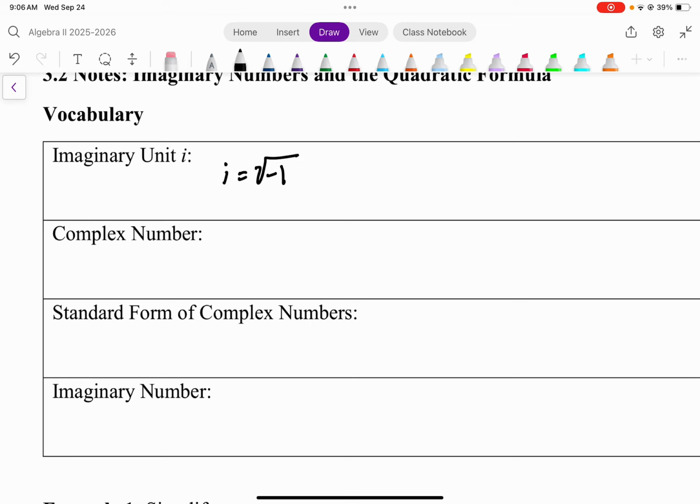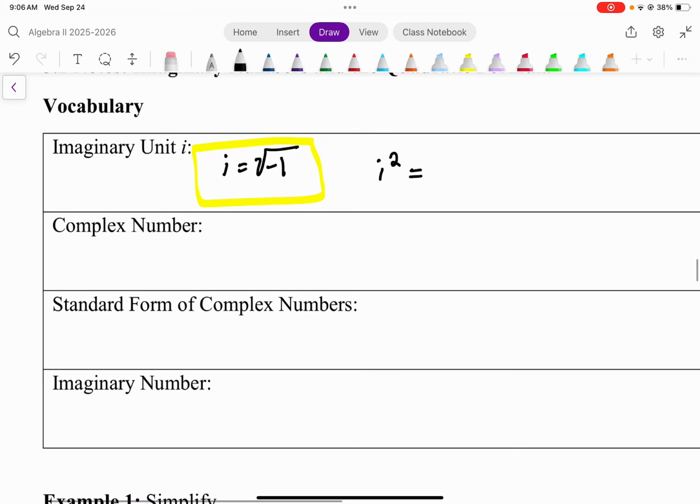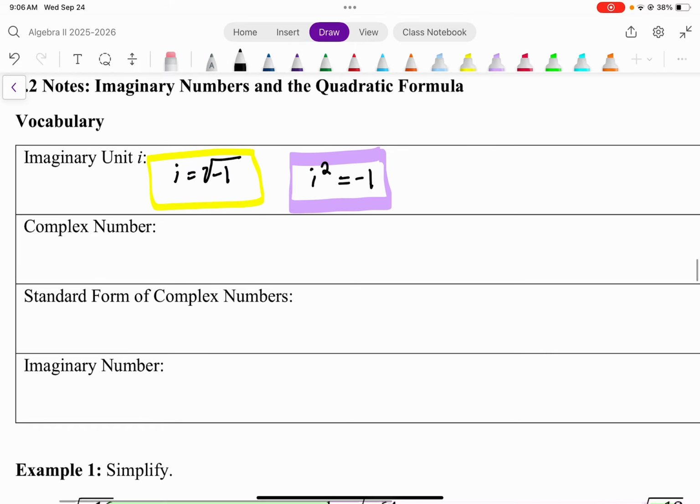The ones that are really important that you know is that i equals the square root of -1. And then when we have i squared, you are going to be expected to simplify that in a problem, and that is equal to -1. These two things are very important to know for simplifying expressions with imaginary numbers.